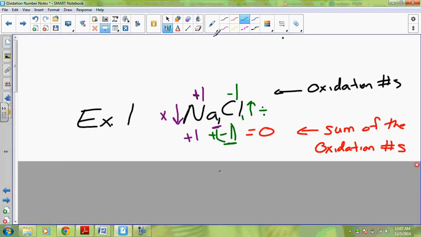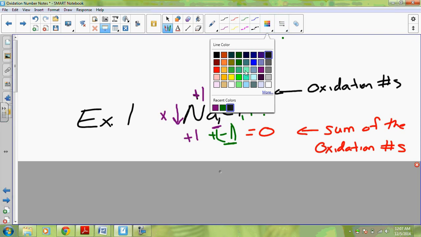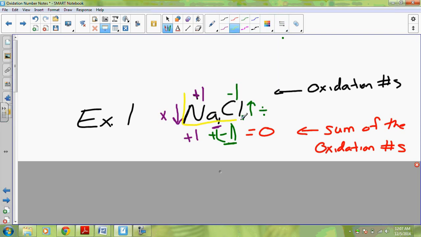So your answer on the quiz or test, when you get to write it, would be right here. NaCl, and it would be Na plus 1, Cl minus 1, and that would be your oxidation numbers, the colored ones. These are your symbols, and all this other stuff is just math to figure out these two numbers.